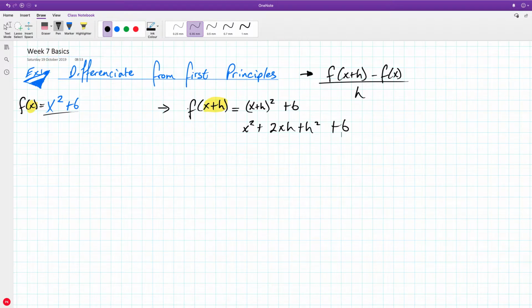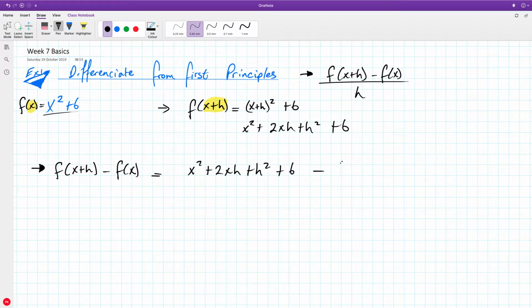Is that alright? So then if we put it into our formula, your function of x plus h minus your function of x is equal to x squared plus 2xh plus h squared plus 6 minus x squared plus 6.